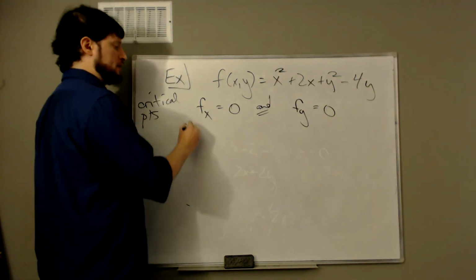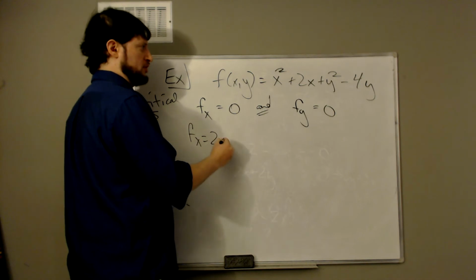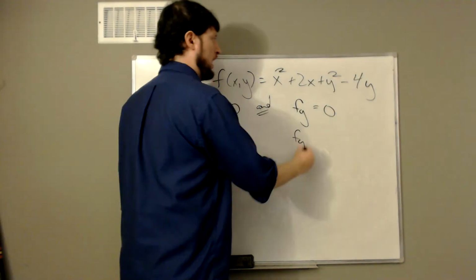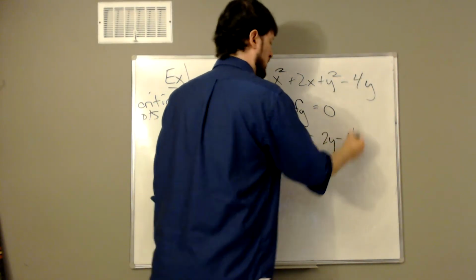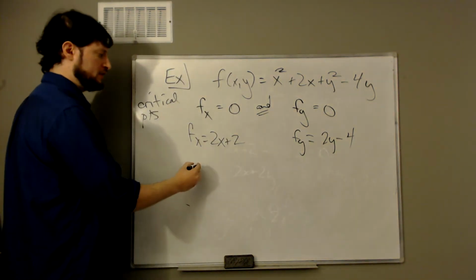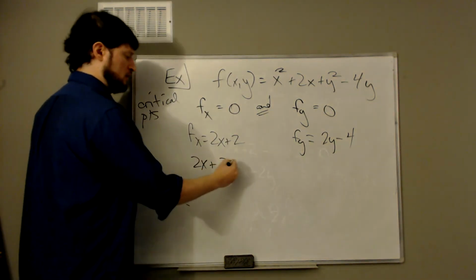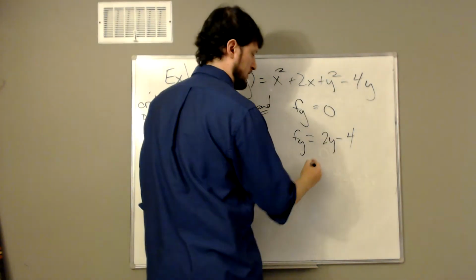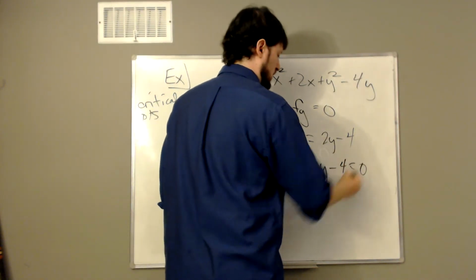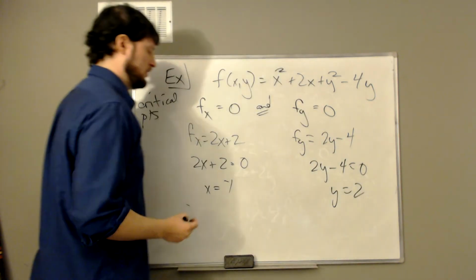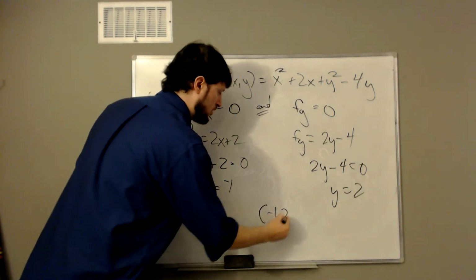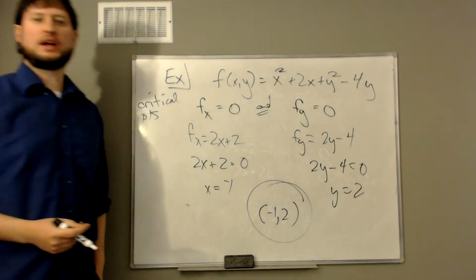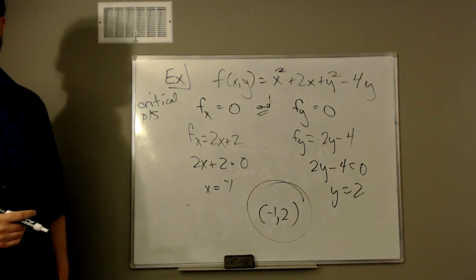So f sub x is 2x plus 2, and f sub y is 2y minus 4. If this is 0, then I get that x is minus 1. And if this is 0, I get that y is 2. So there's only one point that works, minus 1, 2. That's a critical point.